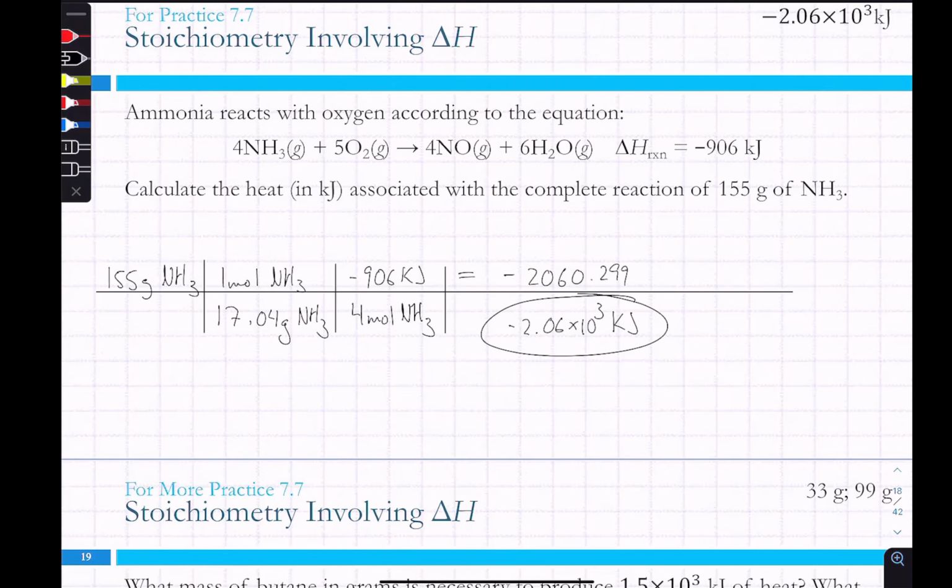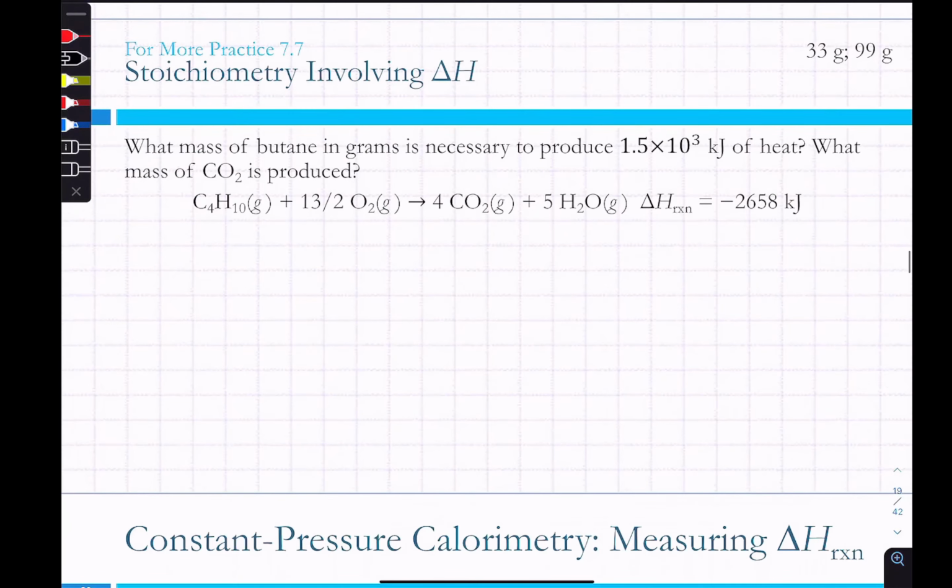So just stoichiometry. All right. Questions? Moving on then.